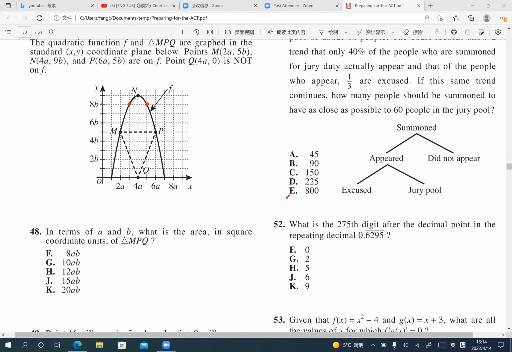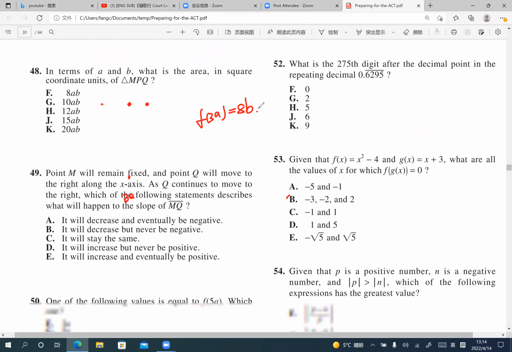Obviously, it's the point with the same y coordinate, 8b, and x coordinate 3a. So f(3a) should be equal to 8b. So we should choose option F.